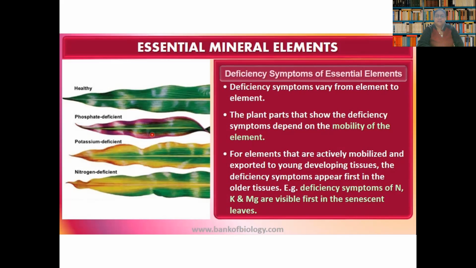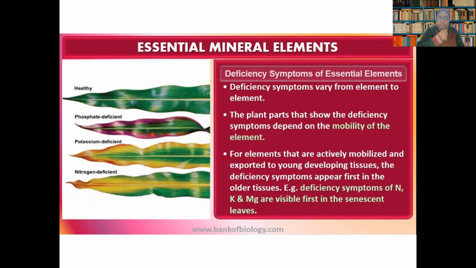Because what happens is the plant is storing its extra minerals in the old and worn out parts. Nothing in excess is good. The way deficiency is harmful for the plant, in the same way excess of these elements is also harmful for the plants. So what the plant does, if these elements are present in abundance, then the extra part of these elements it puts into the old and worn out part.